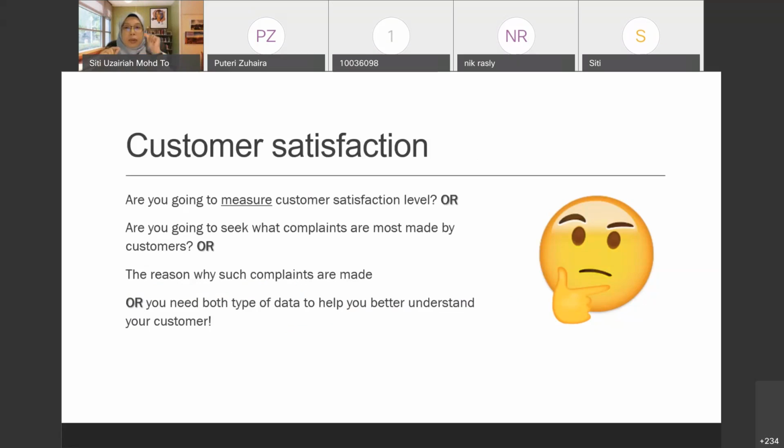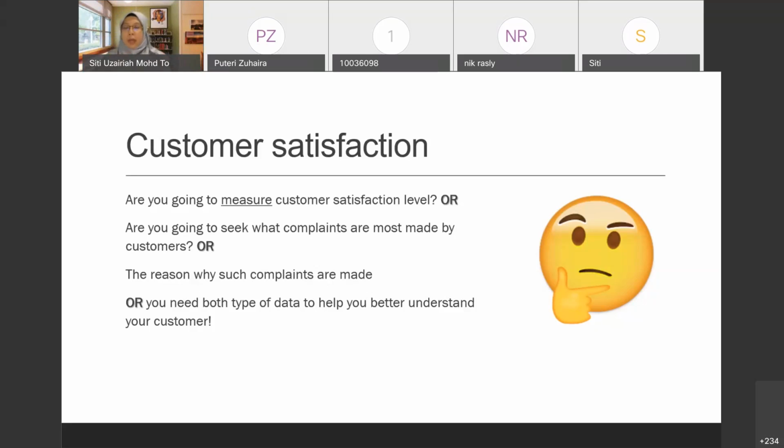If it's to measure satisfaction level, that means you need quantitative data. You need to quantify whether they are dissatisfied or satisfied, like using a Likert scale of 5, maybe a Likert scale of 7. So you need to measure the customer satisfaction level. That means you need a quantitative type of data.